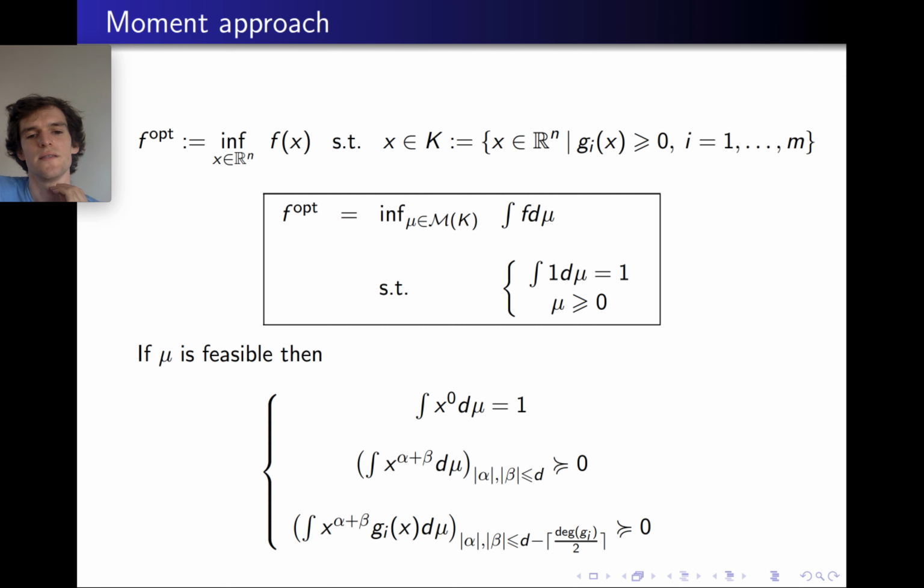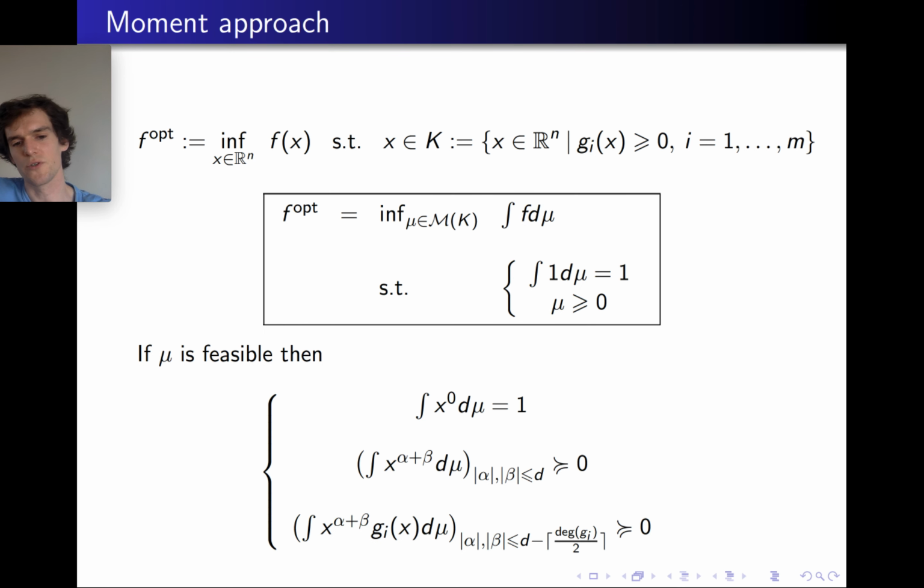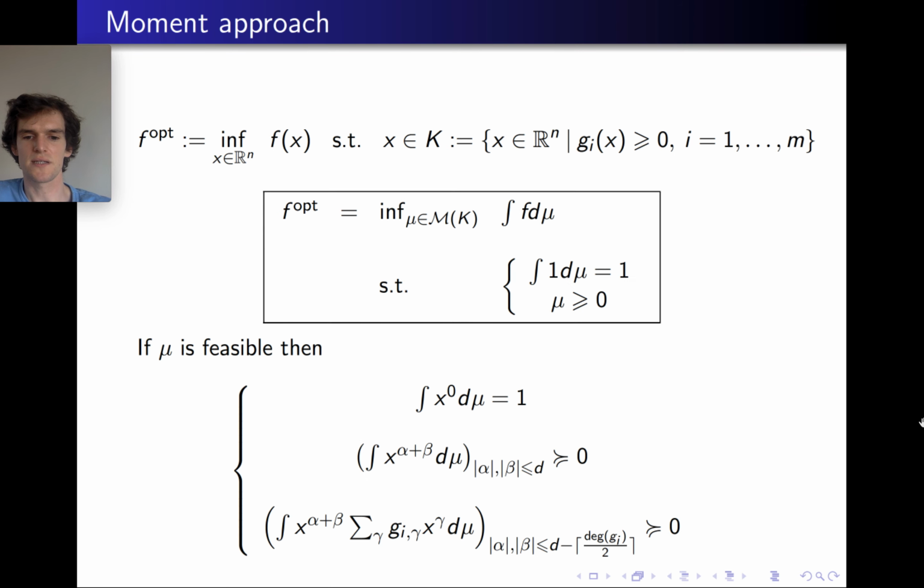Okay, so we get these positive semi-definite constraints, and now we're just going to express this g_i of x as some polynomial. Here we swap the integration and summation, and essentially the point that we're trying to get at is that we want to express everything in terms of moments, and we have just done that.